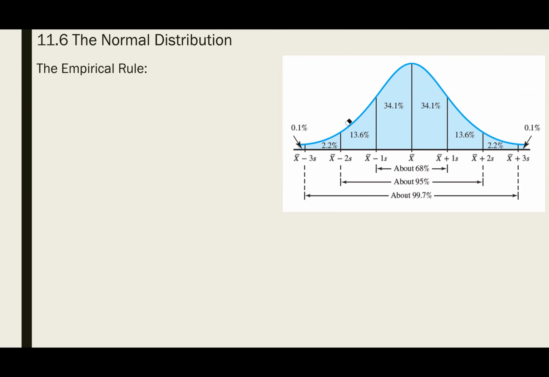Think about this bell-shaped curve. Do you agree that if we're looking for the area underneath the curve, this is the highest peak I have, and the higher the peak, the bigger the area?